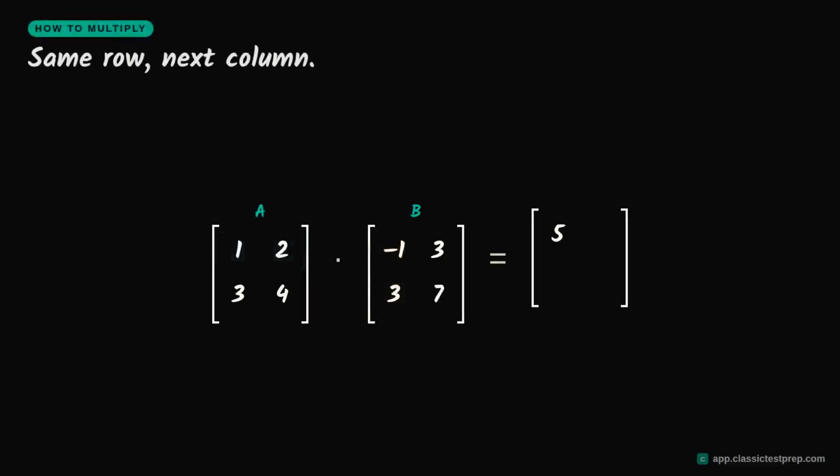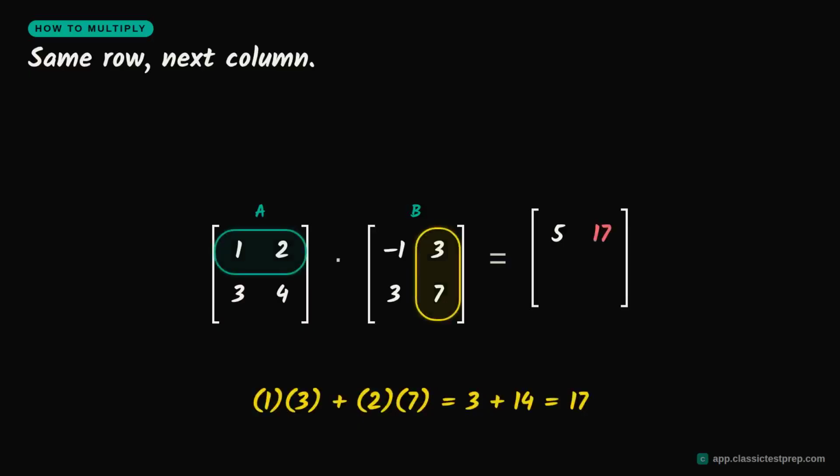Let's find the second entry in the first row. So we still have the first row that we're using from matrix A, and we multiply it by the second column and add them together. 1 times 3 plus 2 times 7 gives us 3 plus 14, and the second entry is 17.